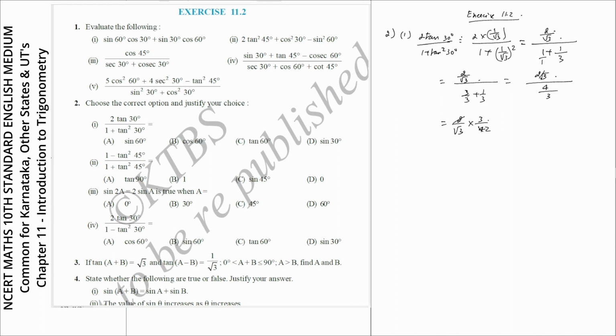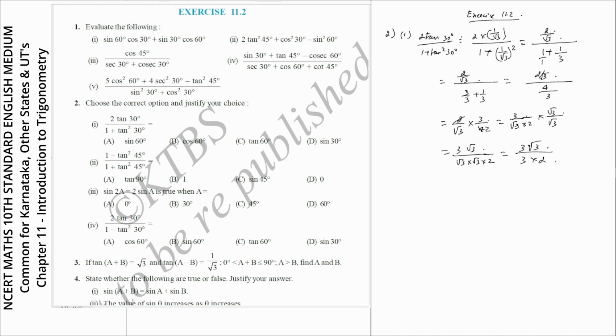Now 3 by 2 root 3 I have got. Now if I multiply and divide by root 3, what will I get? So I'll get 2 root 3 in the denominator, and in the numerator root 3 into 3. So this is equal to 3 root 3 by 2 root 3 into root 3, so root 3 into root 3 is 3 only.